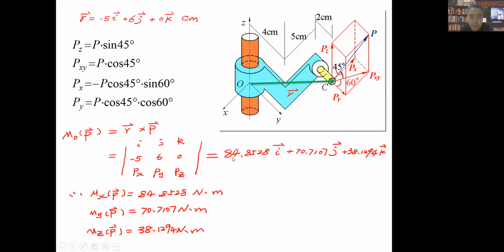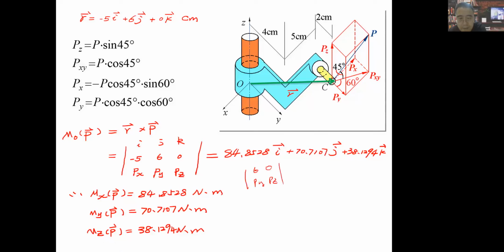To find the first, we can imagine clearing this row and this column. So we have this sub-determinant problem with 6, 0, Py, and Pz.